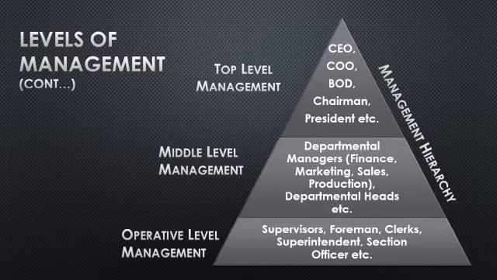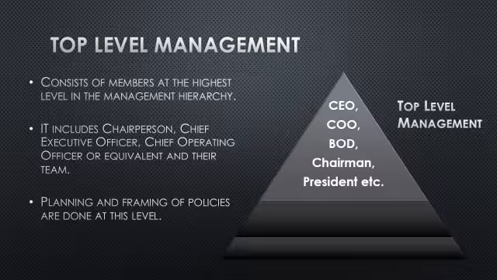The top level managers like CEO, COO, board of directors, chairman, president, etc. fall under the top level management, while the middle level management consists of departmental managers like finance manager, marketing manager, sales manager, etc. as well as departmental heads. Operative level management consists of supervisors, foreman, clerks, superintendent, section officers, etc. Let us discuss each of these levels further.